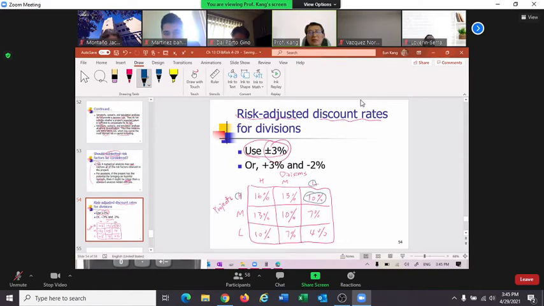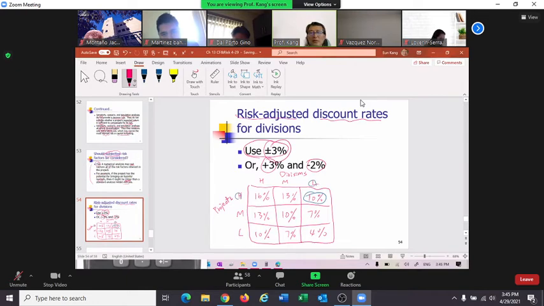But sometimes you use plus 3 for more risky projects or more risky divisions, or minus 2% for less risky divisions or less risky projects. Then in that case, it's not easy.